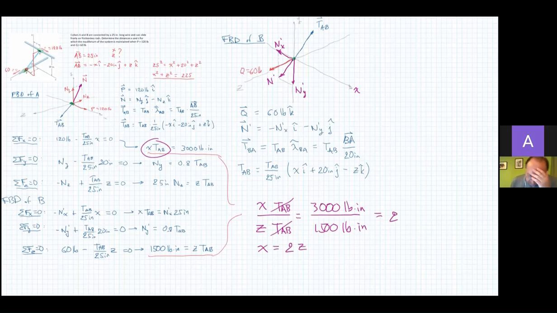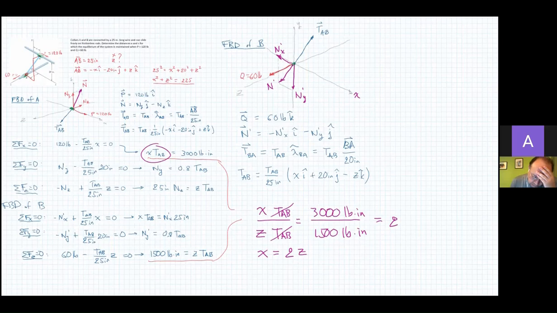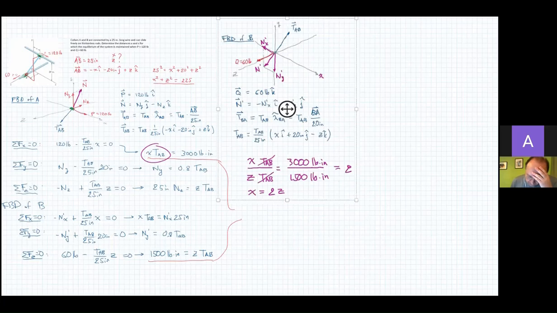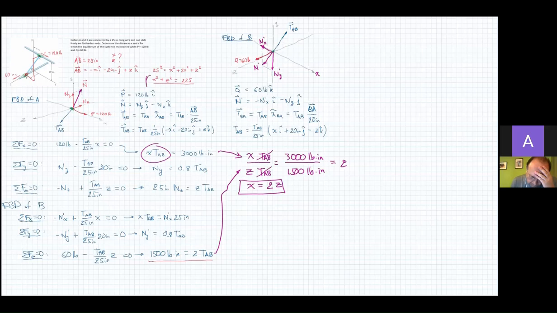That's interesting. This comes from this and this, so we have this relationship and we combine it with this other relationship.